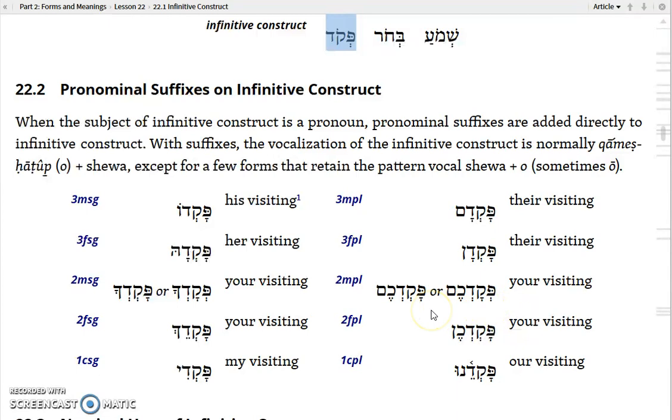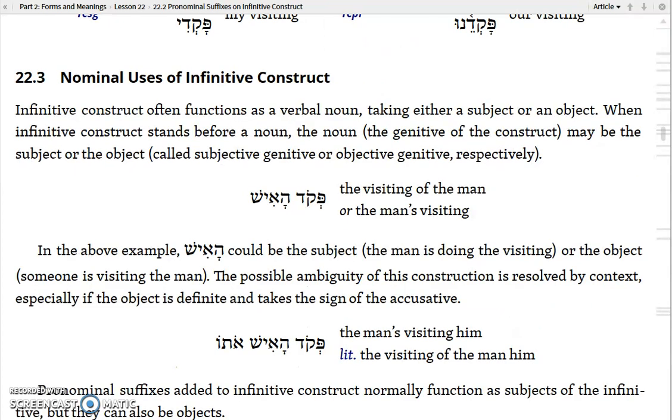Again, two possibilities. Either put the O at the beginning, pokdakem, or pakodkem, either way. And then pokdaken would be your ladies visiting. And then pokdenu would be our visiting.